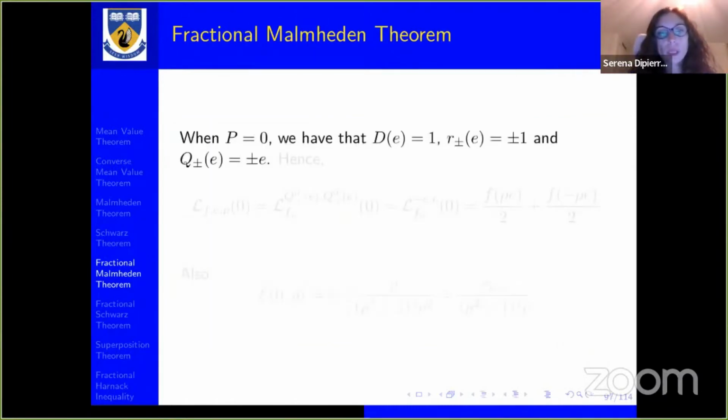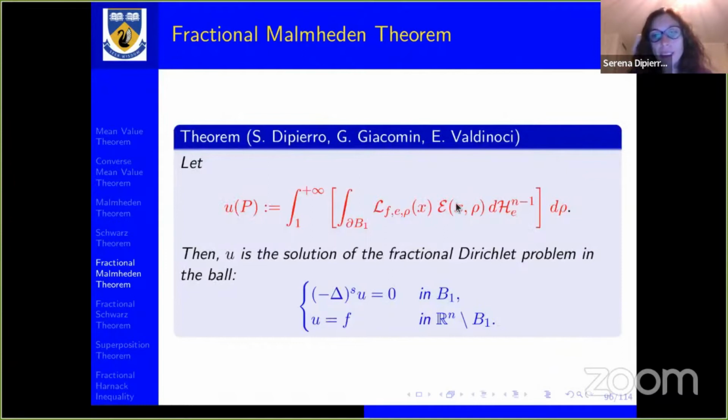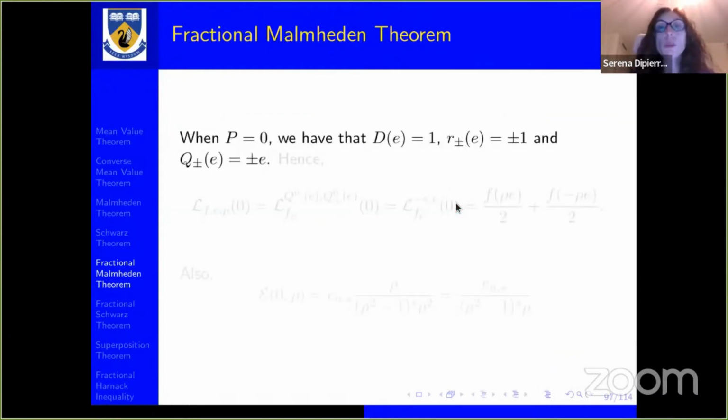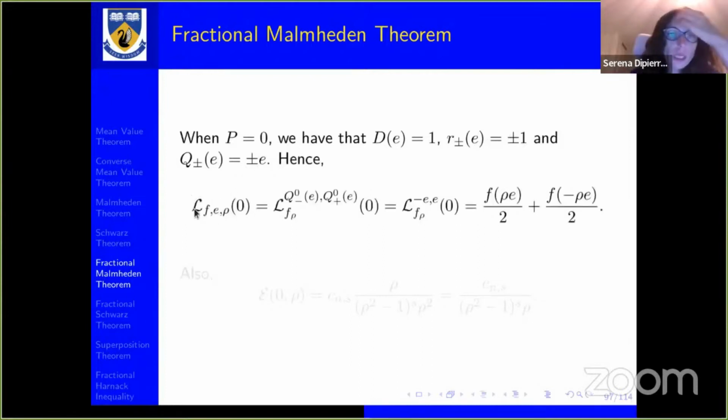Okay, so in particular, it's when X is equal to 0, or P if you write P here. If you remember, we had that R plus and minus were equal to plus and minus 1, and Q plus and minus were equal to plus and minus E. And so of course we expect that when x is equal to 0, so I'm looking at the center of the ball, I have to have back my fractional mean value formula, which is what we are going to check now.